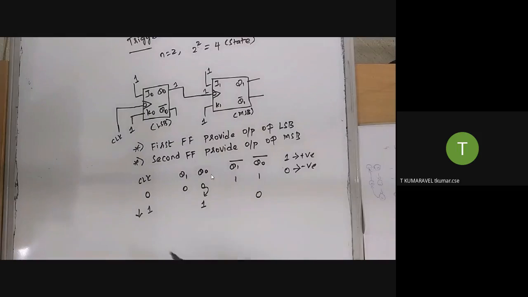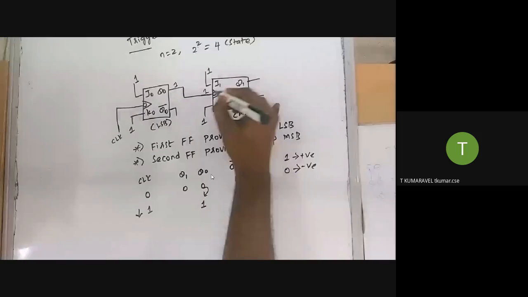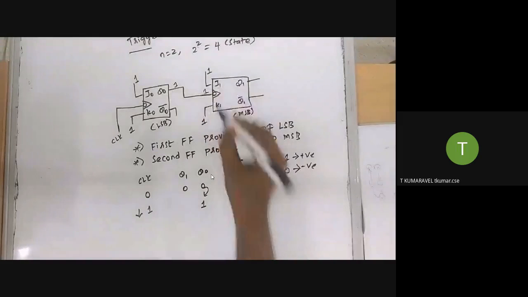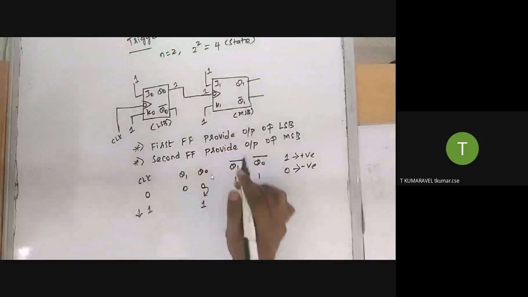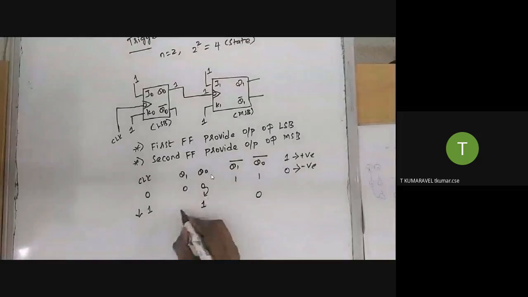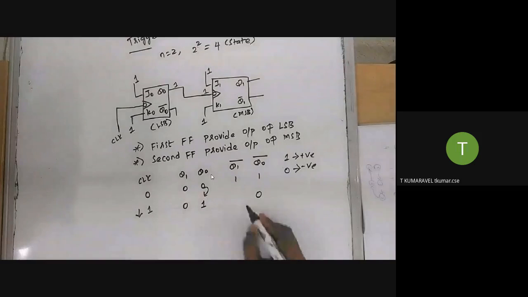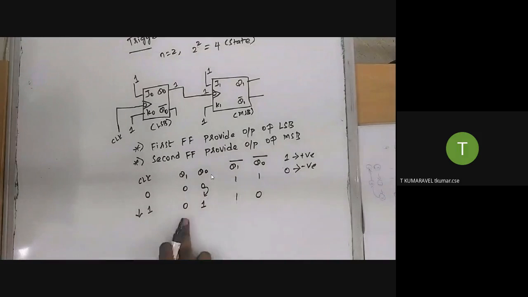Suppose the input value equals 1, it does not perform any operation; it will retain the previous state. What is the previous state here? The previous state is 0, so it retains the previous state. Is it okay for you? Yes, sir.